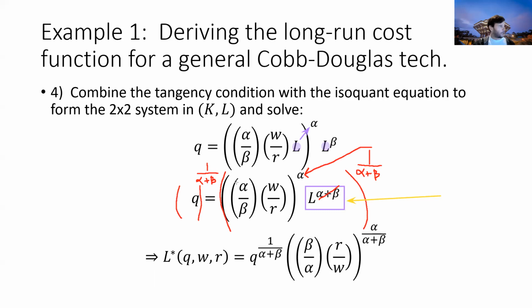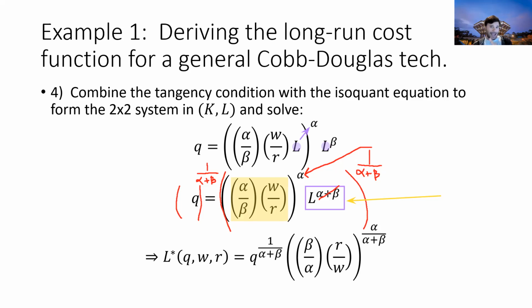So look carefully. We have alpha over beta, W over R. If I move that to the other side, what's going to happen to those fractions? Going to flip, right? I'm going to take the reciprocal.